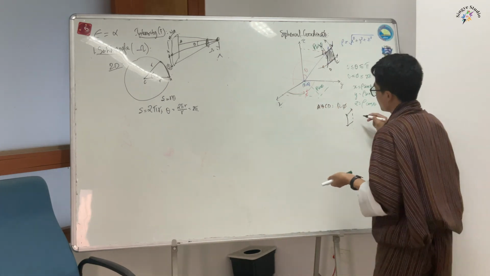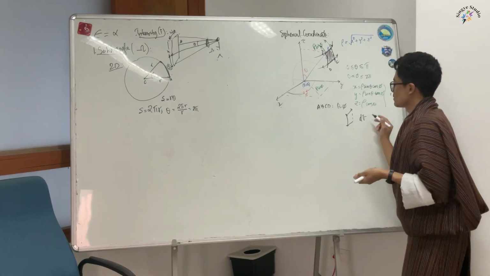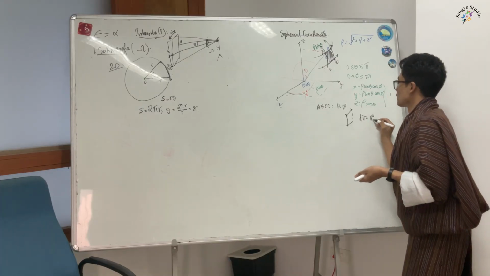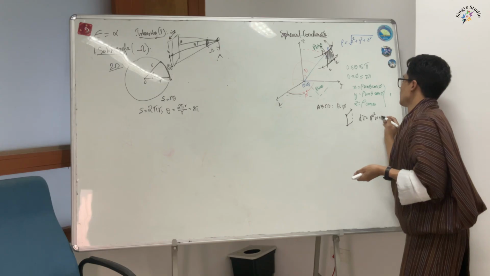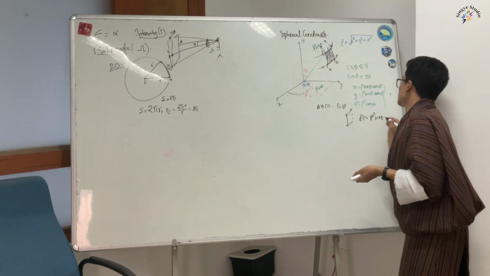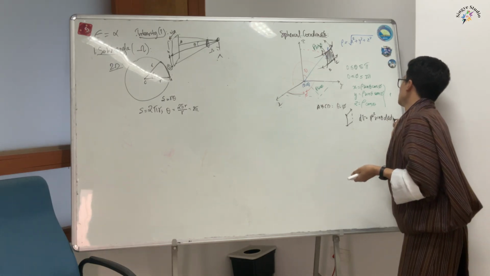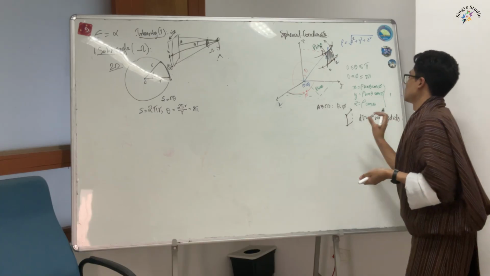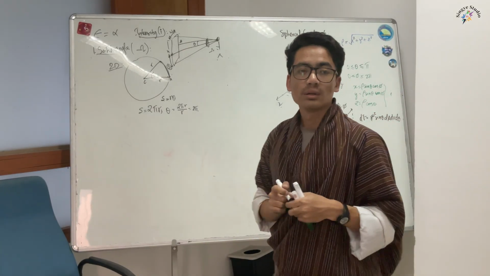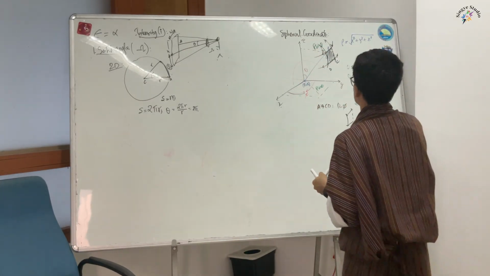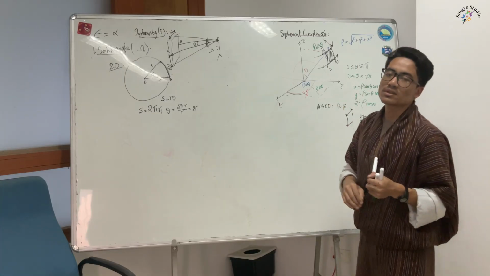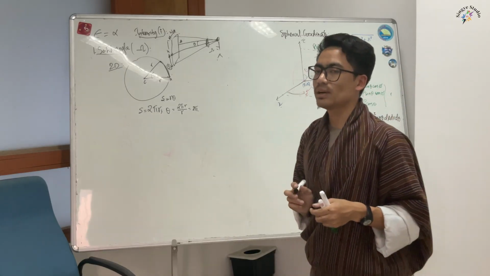We got the expression for the elementary volume equals rho squared sine theta d phi d rho d theta. This was the expression for the elementary volume. So what is the expression for the elementary area that you are trying to find?